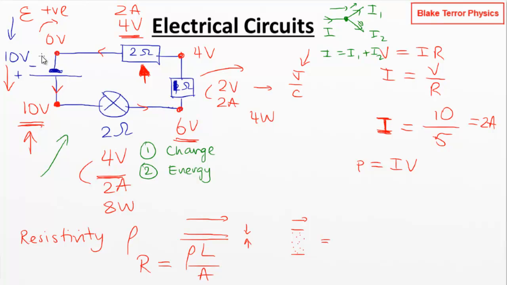So our EMF is equal to the sum of the potential differences around the closed loop in the circuit. Whatever path we take around the circuit, it always has to add up: the amount of energy that comes in is the amount of energy that goes out. So that's the two Kirchhoff's laws.